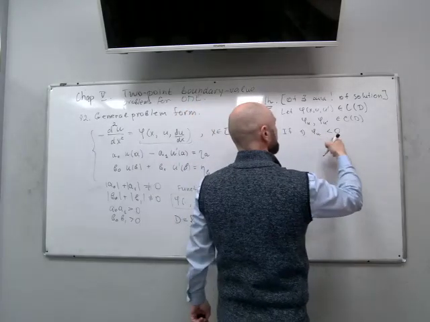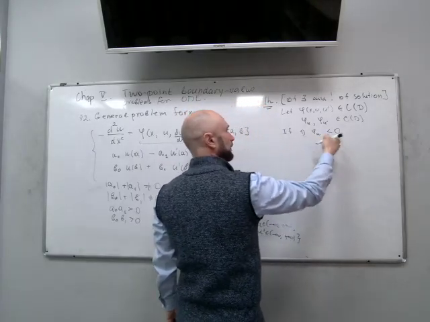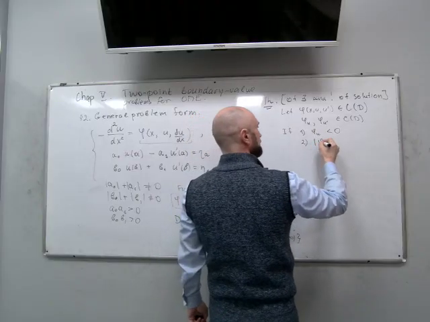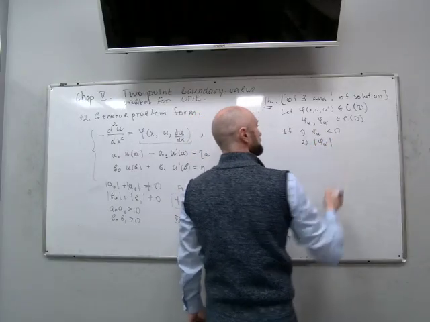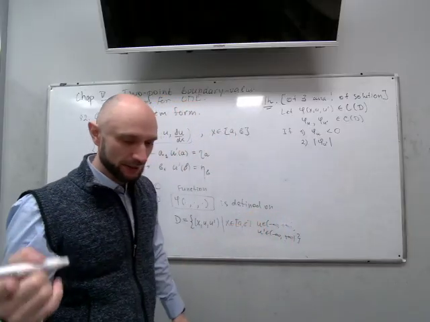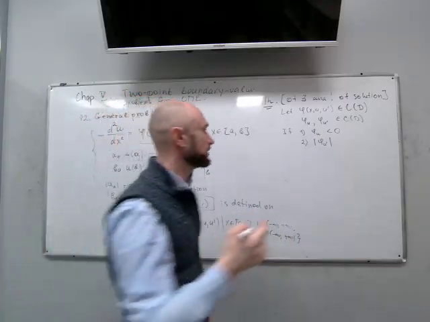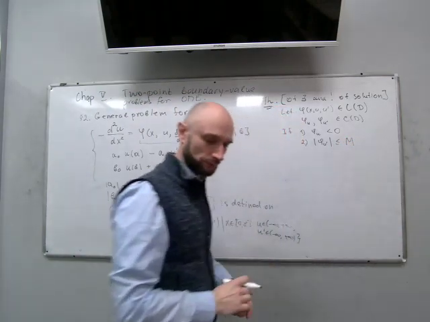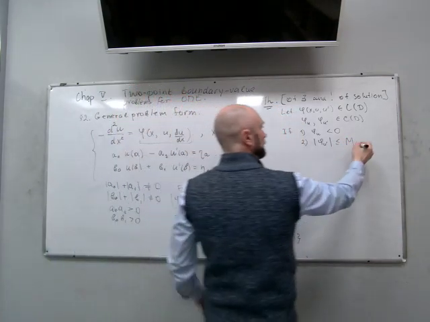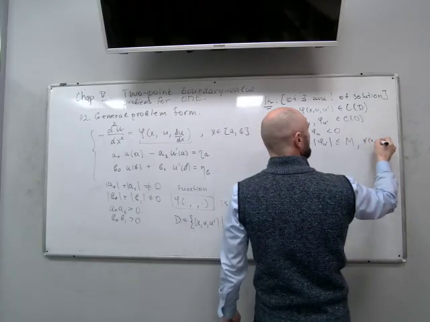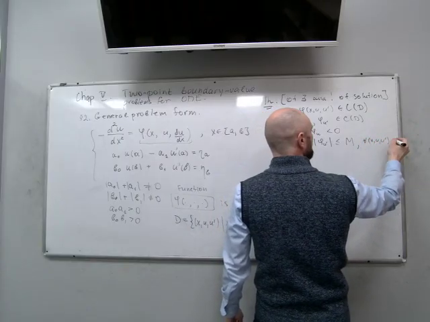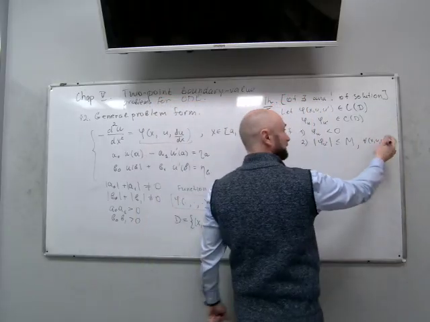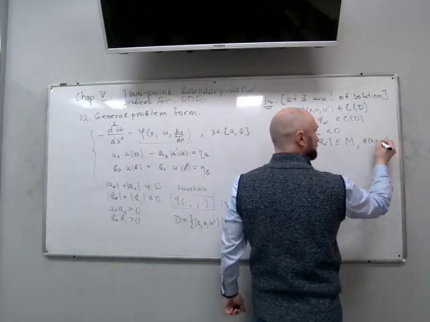If this derivative is negative for all values of arguments in D, and if the derivative of the right hand side by its third argument is bounded by some constant m for all points x, u, u hyphen. How is it called? Hyphen. It's called hyphen in English. I'm sorry, I'm forgetting words.